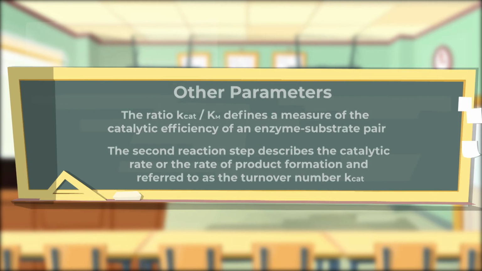Other parameters: the second reaction step, that is K2, is sometimes called the catalytic rate. From that we can know Kcat, that is the turnover number. The ratio of Kcat by Km is a measure of the catalytic efficiency of an enzyme-substrate pair.